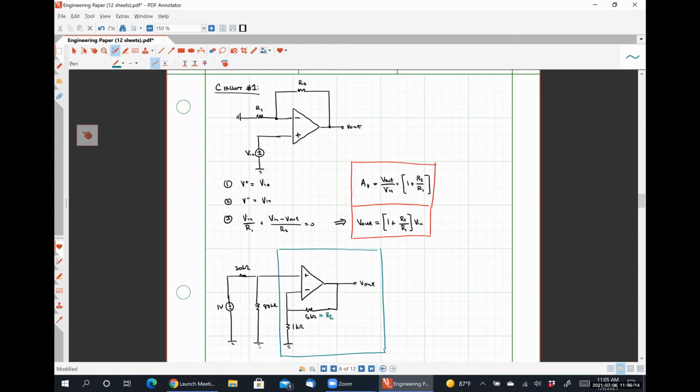And there is a resistor between the inverting input terminal and ground. So that means this 1 kilo ohm resistor here is acting like R1.